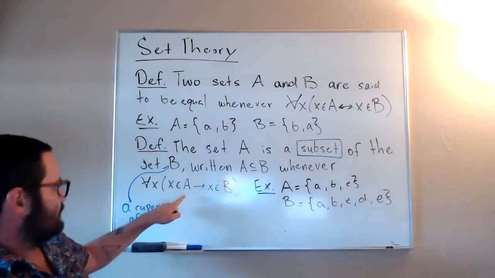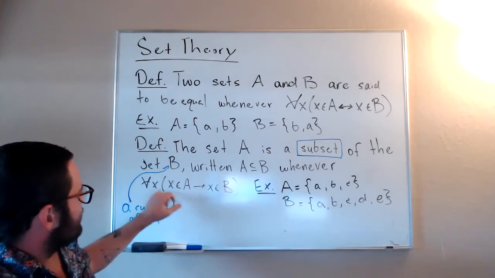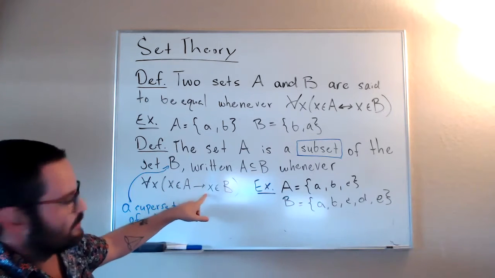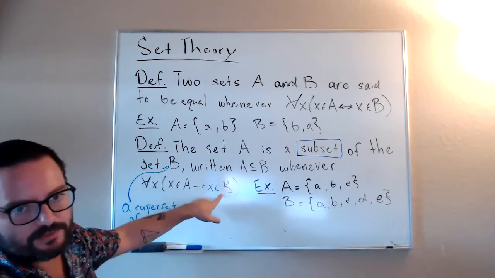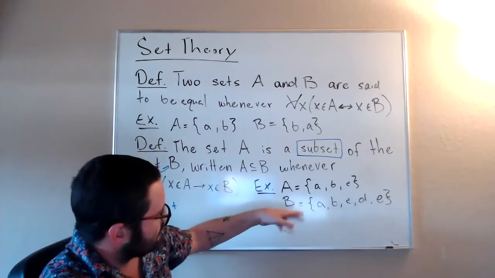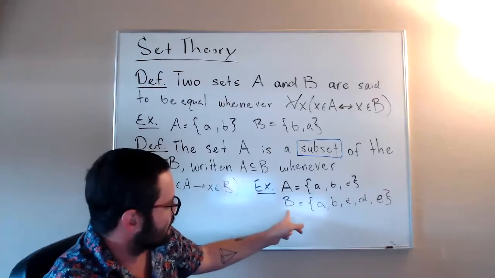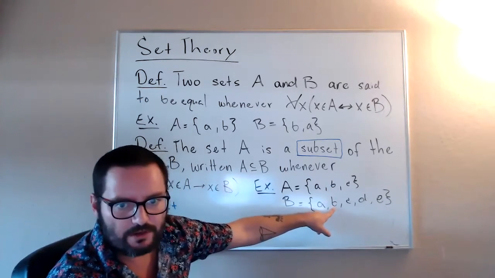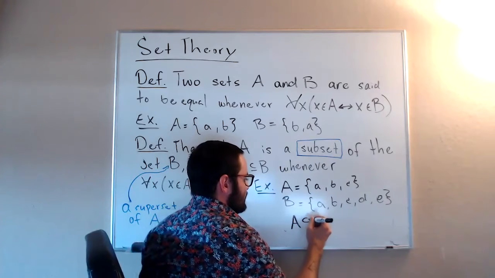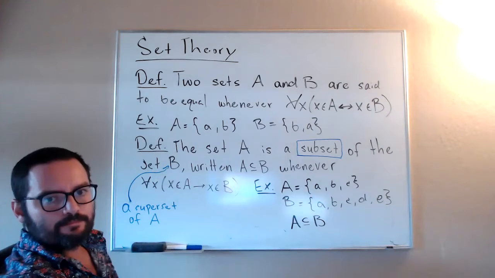Now, if we consider this statement here, for all x, if x is in A, then x is in B, recall the conditional is true whenever, if that's true, then this must be true. So if we pick any element in A, like b, for example, and then we look to the set B, that element is also in B. So here, A would indeed be a subset of B.